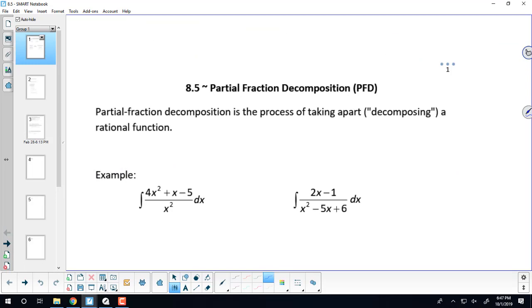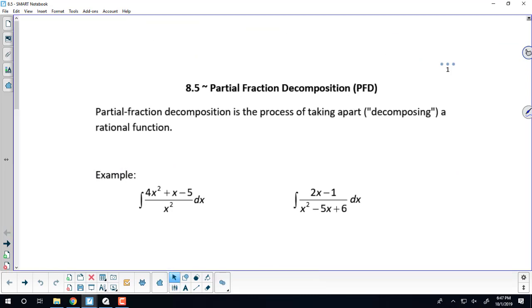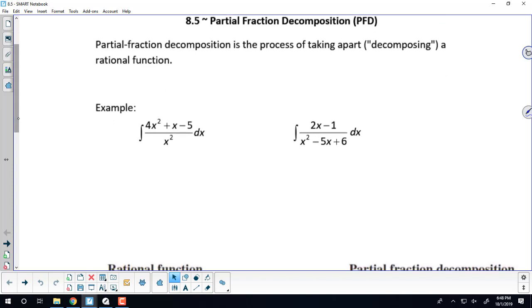In 8.5, we're going to look at an algebraic technique, more or less, that's useful for finding antiderivatives called partial fraction decomposition. So partial fraction decomposition is the process of taking apart a fraction instead of combining a fraction.